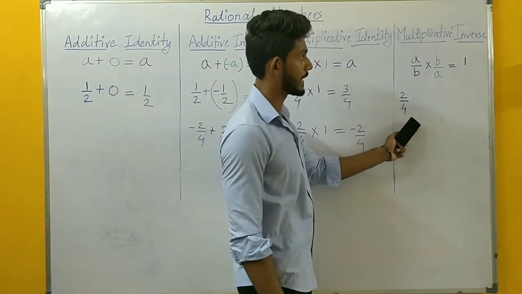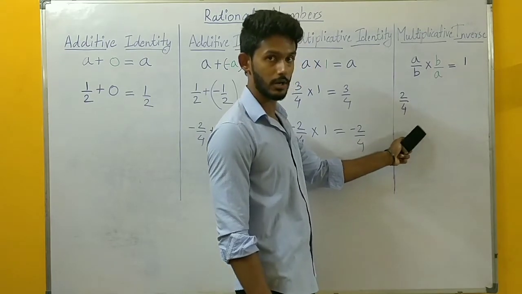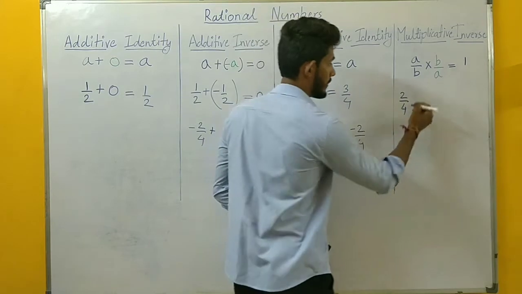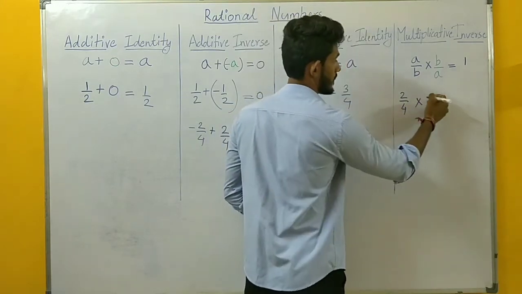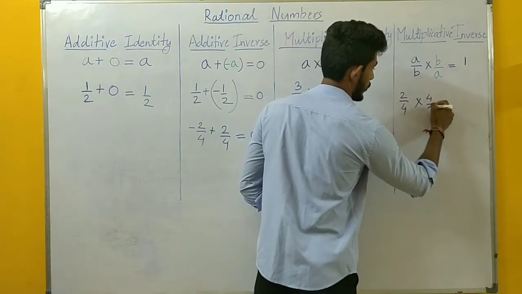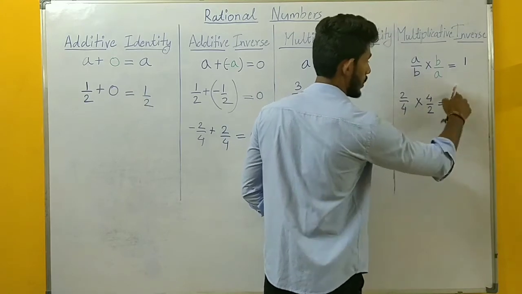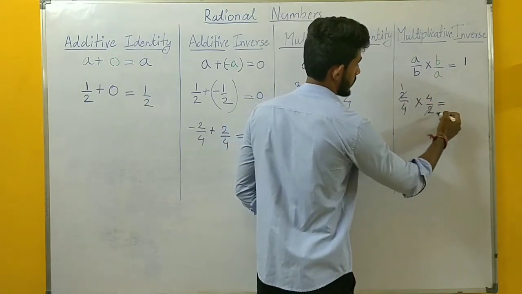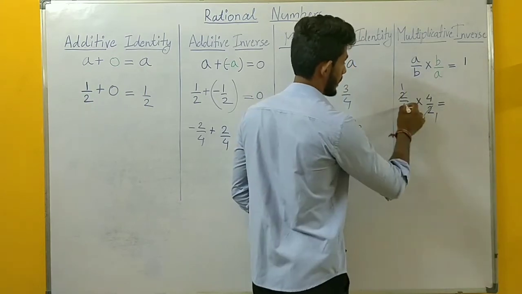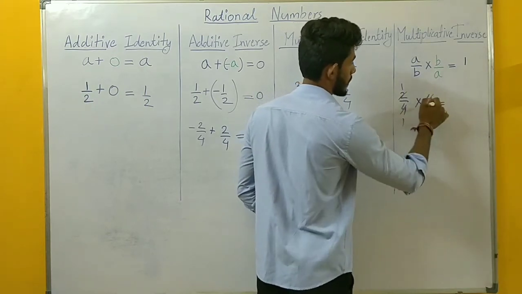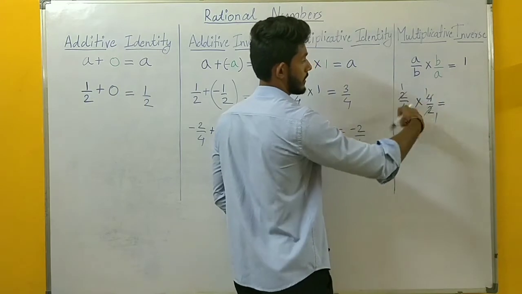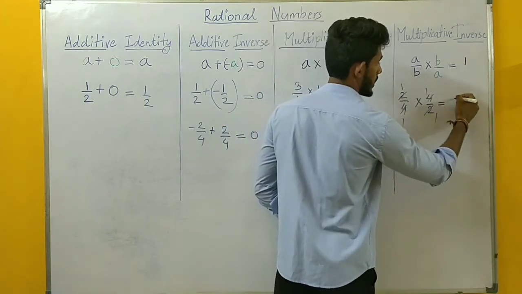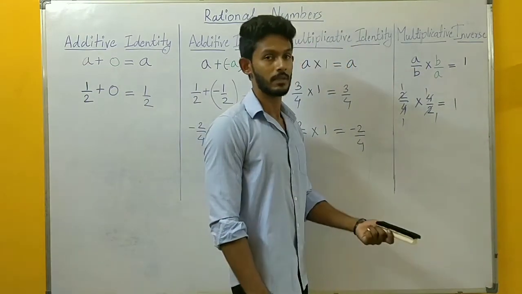The multiplicative inverse of this number will be its reciprocal, 4 upon 2, because only then do we get 1. That is, 2 ones are 2, 4 ones are 4, so we have 1 upon 1, which is 1. So this is the answer.